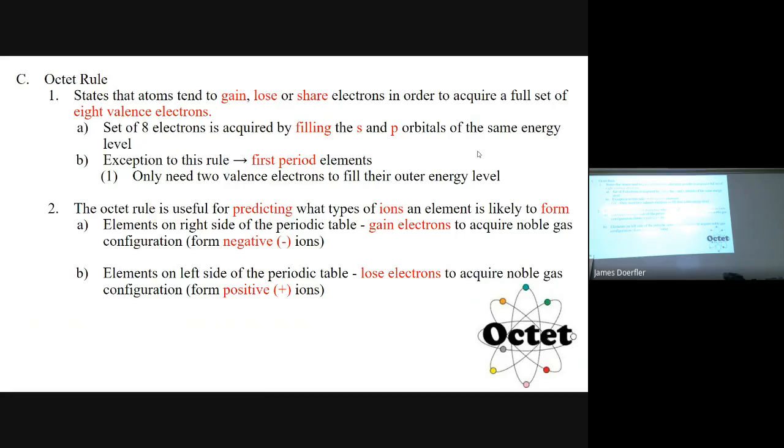Elements on the left side of the periodic table, so we're talking metals, would rather get rid of their electrons. And so you have fewer electrons in the atom itself, you have more protons, therefore a positive ion is formed. Again, metals tend to form positive ions, nonmetals tend to form negative ions.